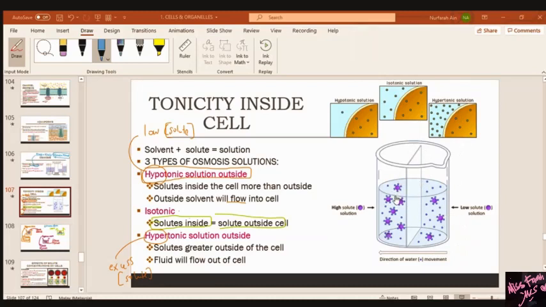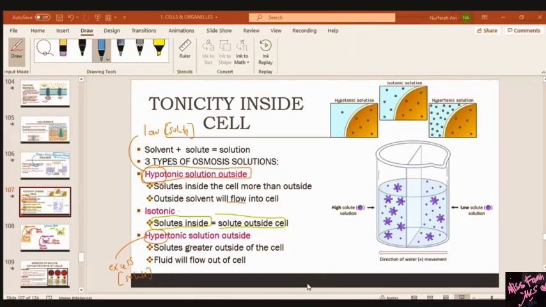The left part contains higher solute concentration, with the purple bit. This means that the solution in the left portion of this beaker is a hypertonic solution. Meanwhile, the right part of this beaker contains low solute concentration, which means it is a hypotonic solution.